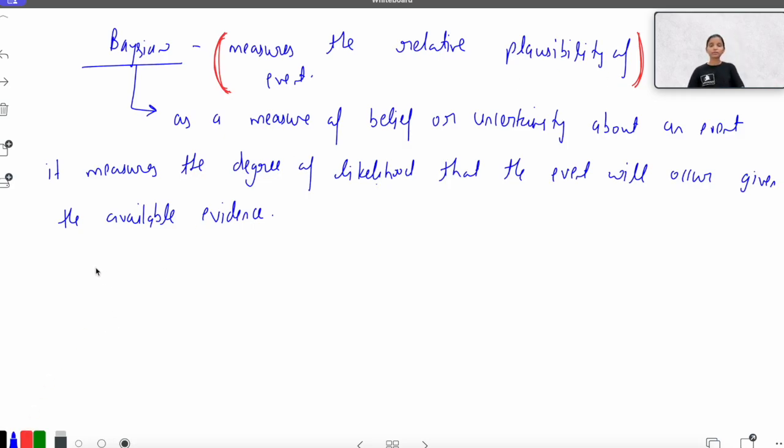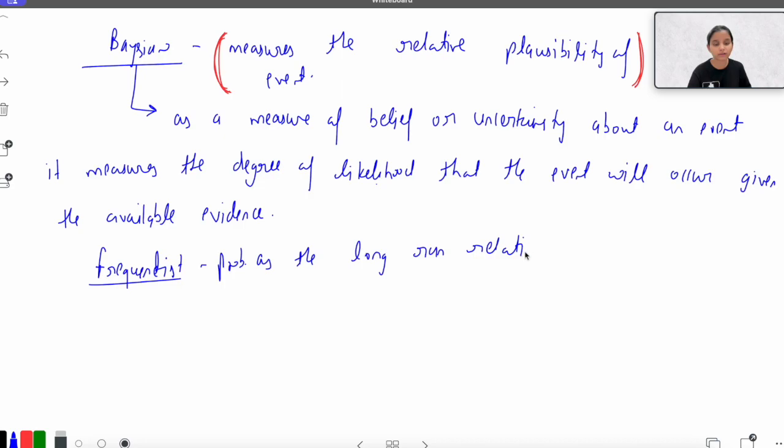Now, when you are looking at the frequentist, in simple terms, the frequentist views the probability as the long run relative frequency of repeatable events. Okay, that's the very simple definition you can say about the frequentist.